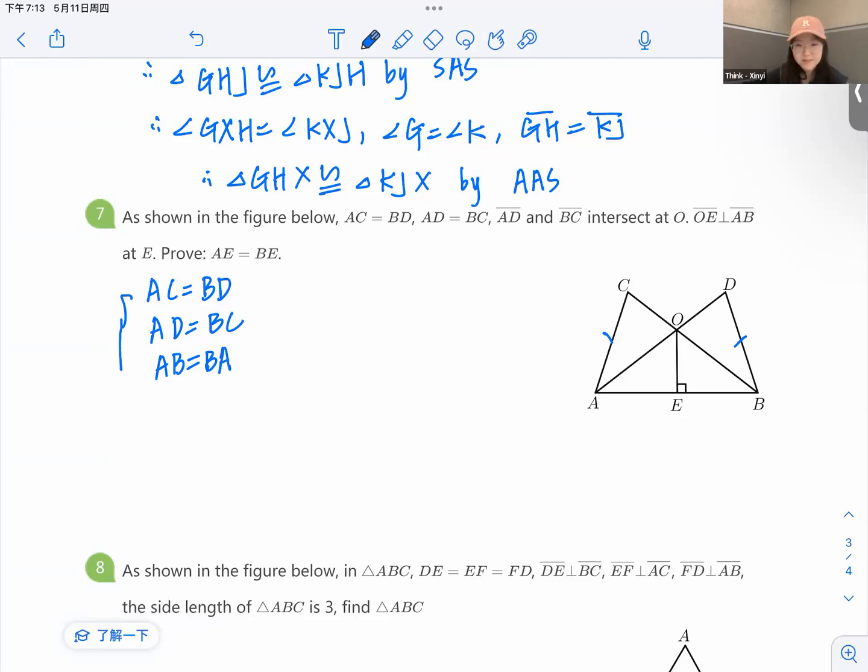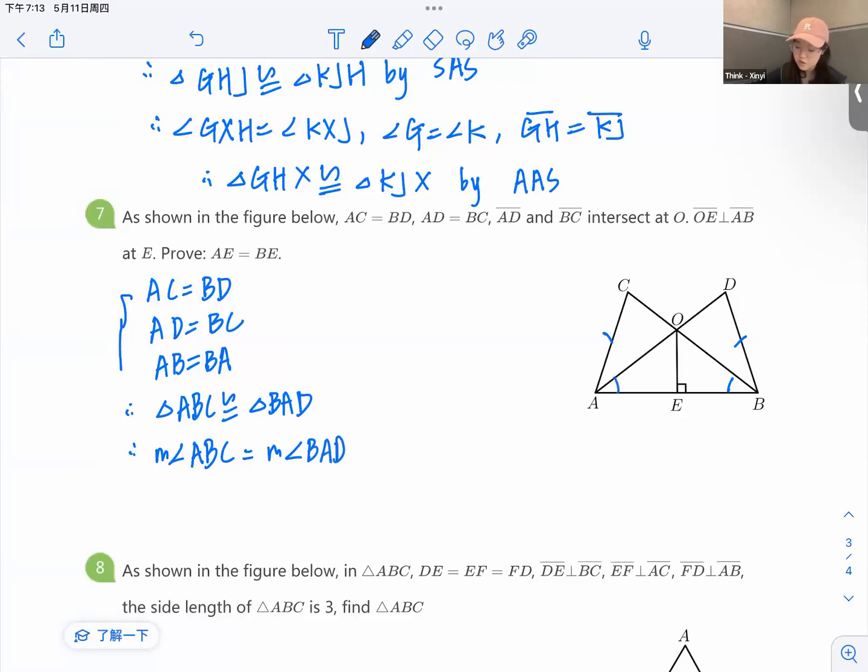So this is SSS. By SSS, we can prove that triangle ABC is congruent to triangle BAD. Okay, and thus we can have the angle ABC equals to the angle BAD.